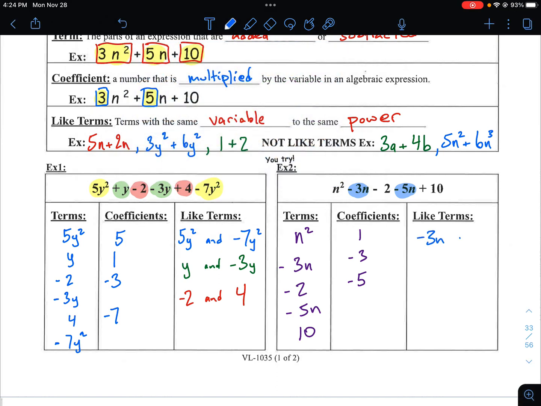Negative 3n and negative 5n are like terms. Let's see. Anything that goes with the 2 over here, the negative 2? Yep, 2 and 10. So negative 2 and 10 are also like terms. Let's go to the next page.